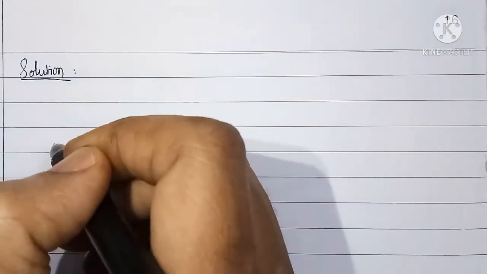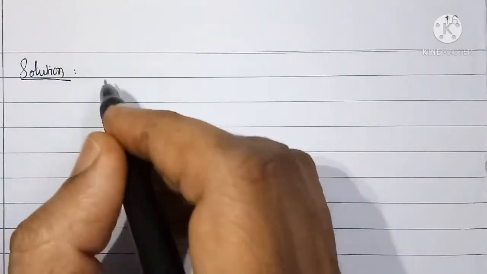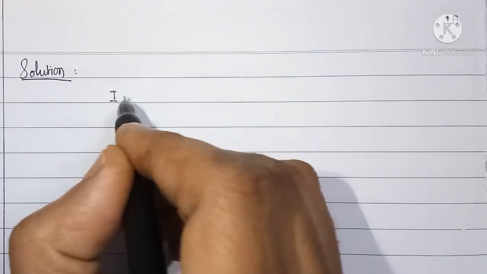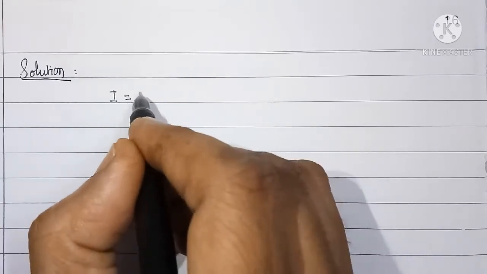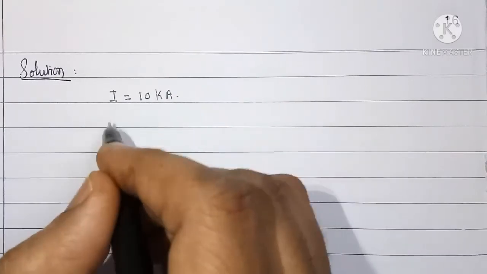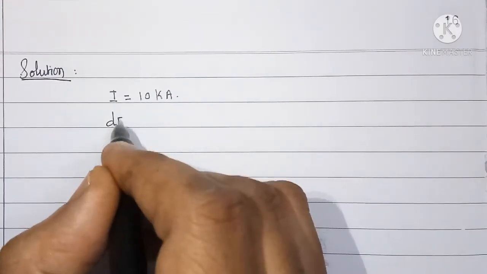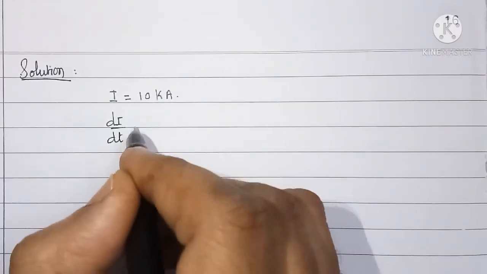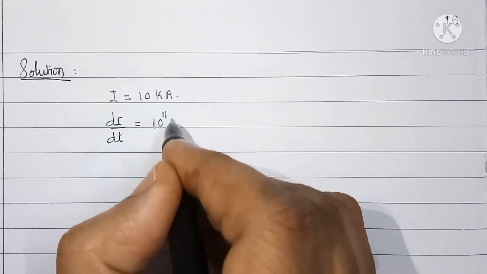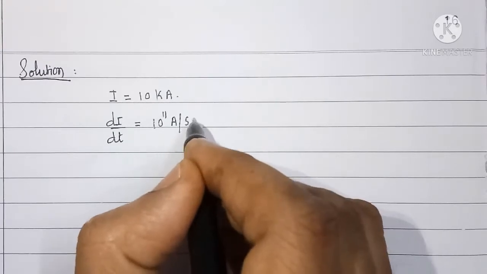Solution. Current to be measured is 10 kiloampere. Di by dt is given as 10 raised to 11 ampere per second.